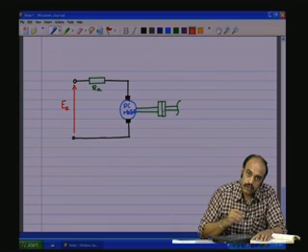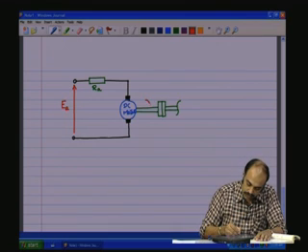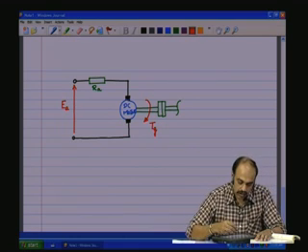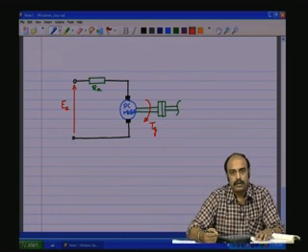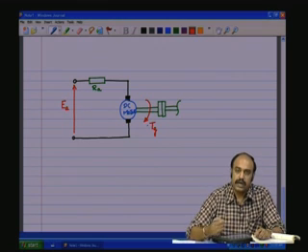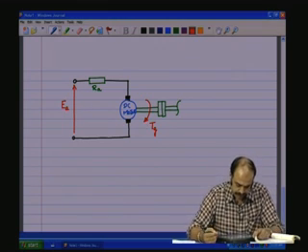Now, that is going to cause a rotation, T G, the generated torque from the motor; in this case this is the generated torque at the armature shaft.